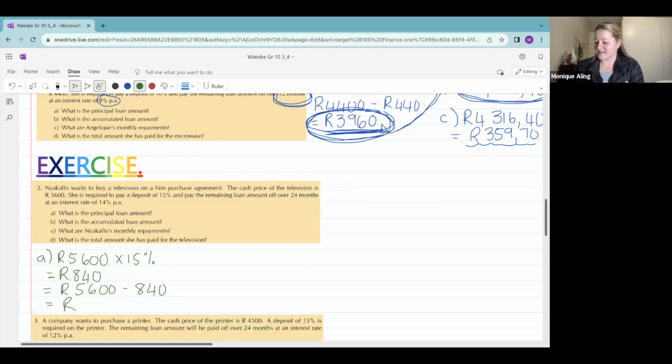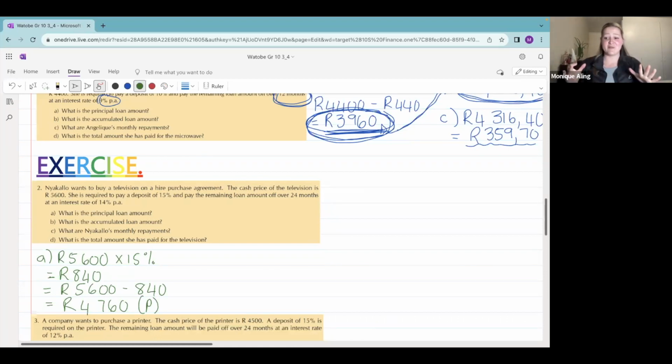Okay, that means there's still 4,760 that is owed, still needs to be paid. Okay, and this is now known as our new principal amount, our P. Okay. So that is question A, the principal loan amount.